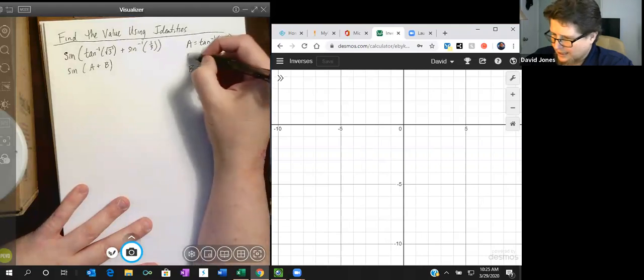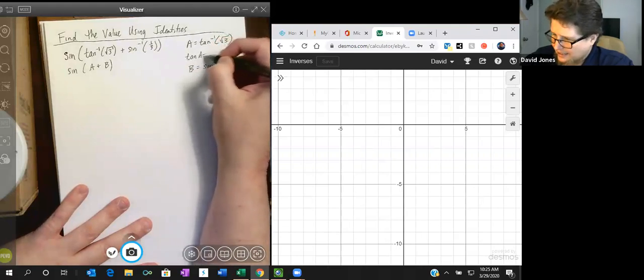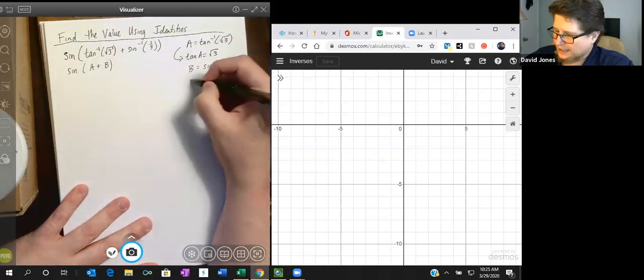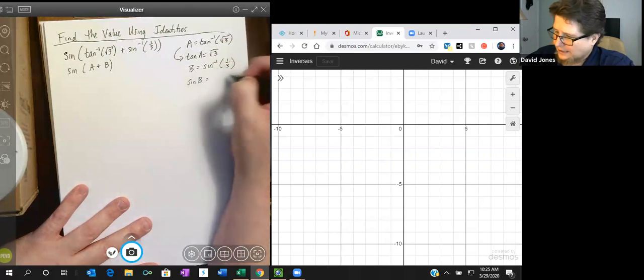So this tells me tangent a is root 3, and this tells me sine of b is 1/3.